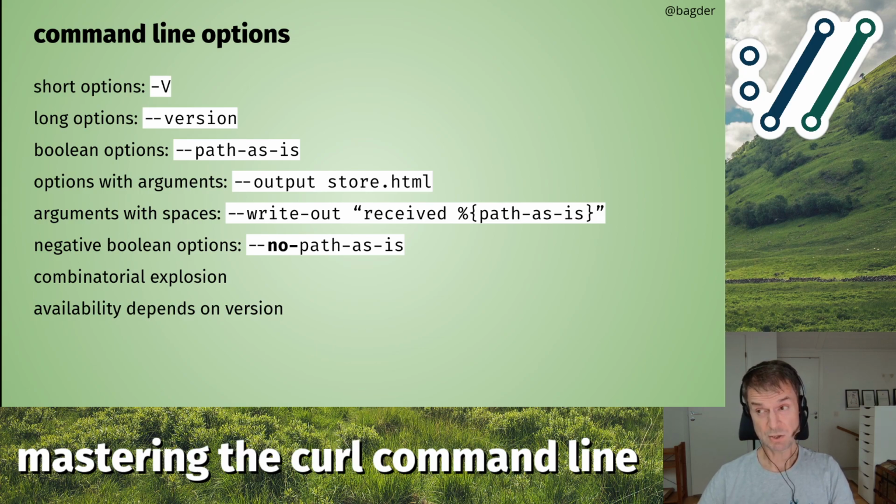Today, when I'm talking to you, we actually have 257 command line options. If you wait a little longer, we will have more. Depending on which particular release you go with, you will have a different set of options available.